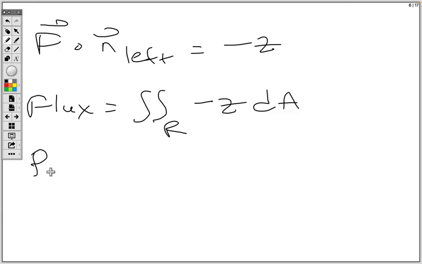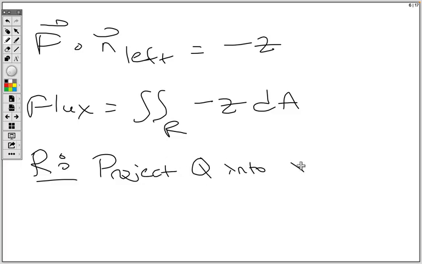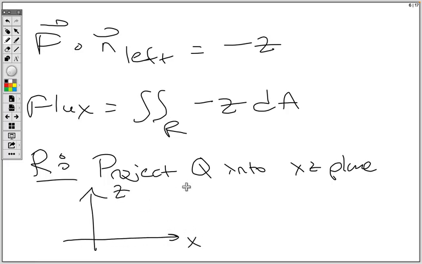And now I got to figure out, how do I figure out the region R? So this is the left face of the tetrahedron. So I'm going to project Q into the XZ plane. So we're going to let y equal 0. Yep. So the 3x plus 2y plus z is 6.